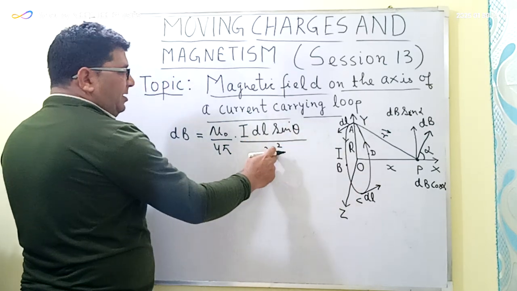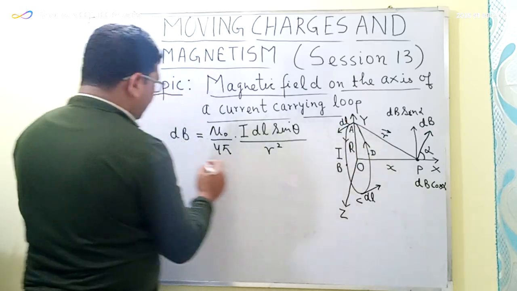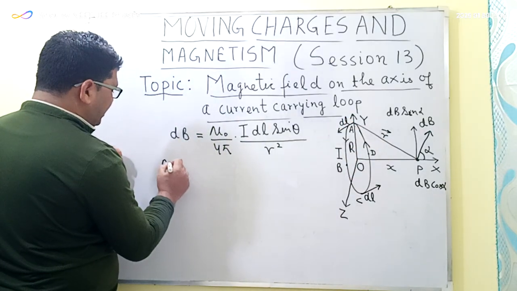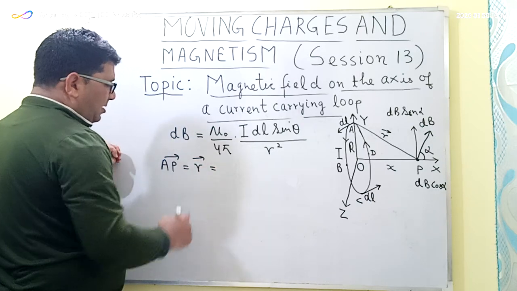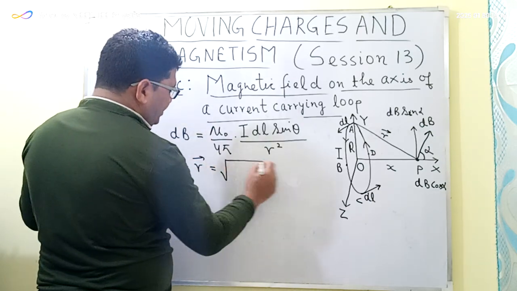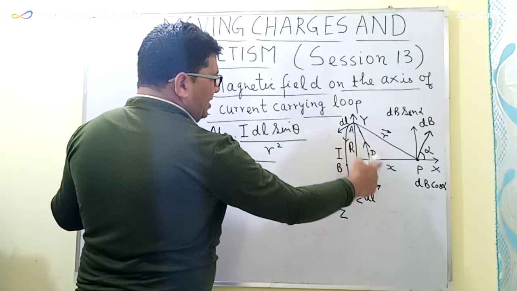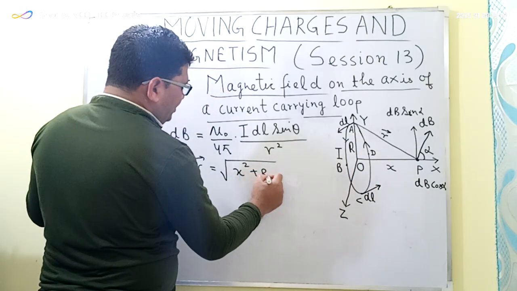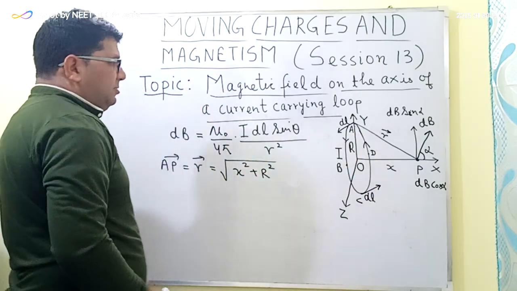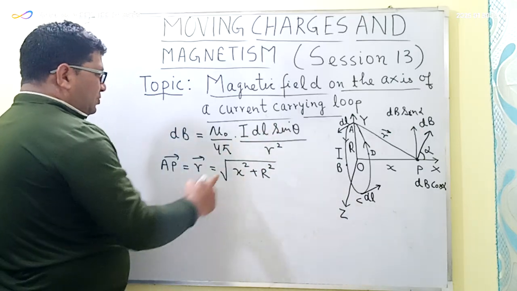Now here, this AP is the displacement vector, which is denoted here as r, and its scalar value will be equal to under root of x square plus R square, where capital R is the radius of this current carrying loop.